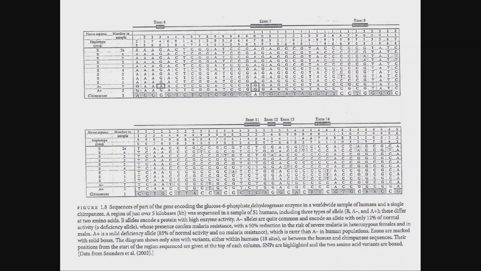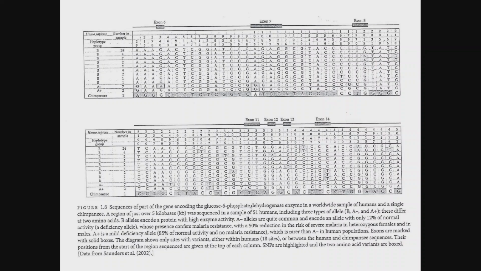So what's boxed here? The boxes here denote amino acid variants. So these dark boxes. So here is an amino acid variant. All the other sequences have a G here, but here in the box you have an A. This is an amino acid variant. It concerns an exon.